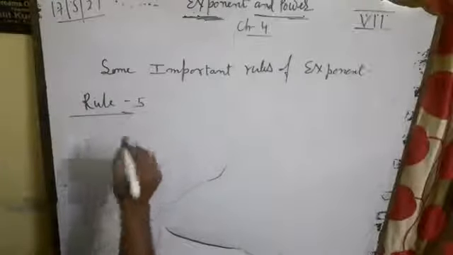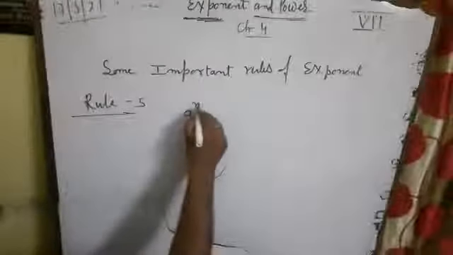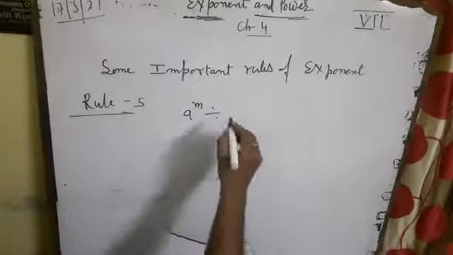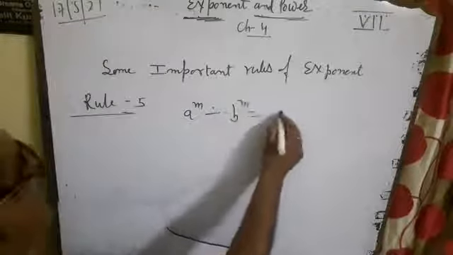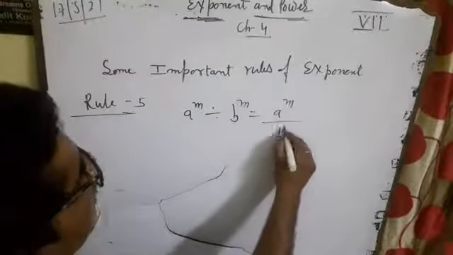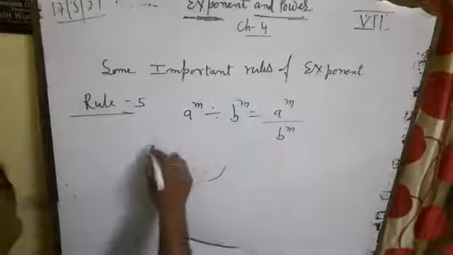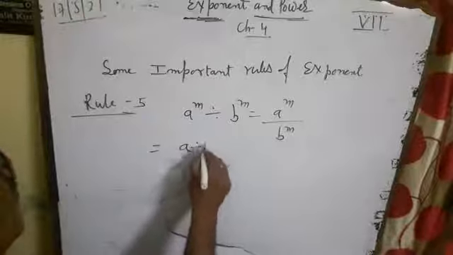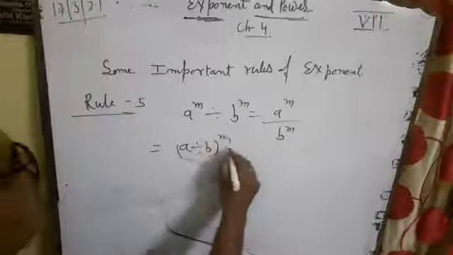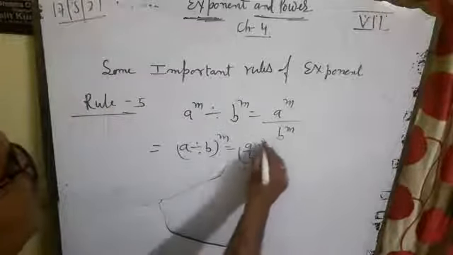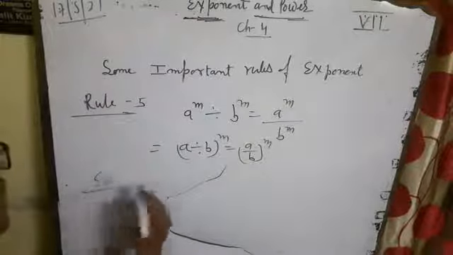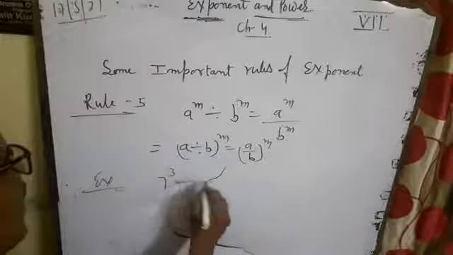Rule number 5, this is A to the power M divided by B to the power M, or A^M upon B^M. In this time also, A and B are not the same but the power is same. We have written A divided by B to the power M. Example, 7 to the power 3 divided by 2 to the power 3.